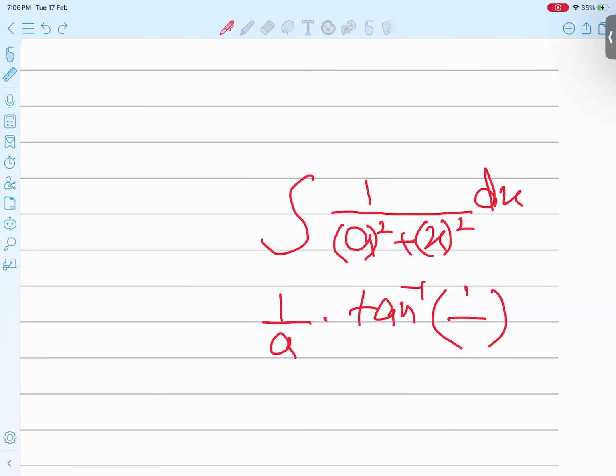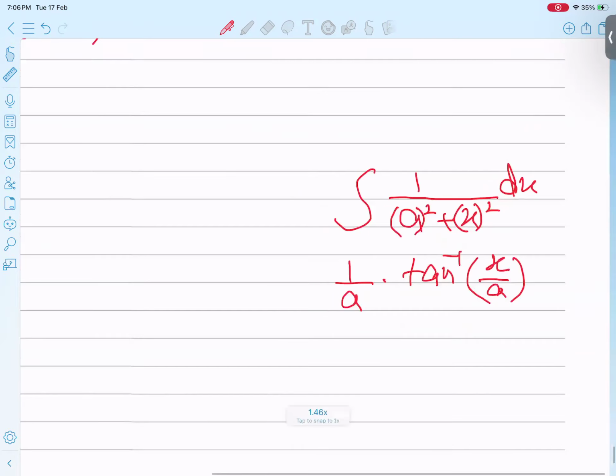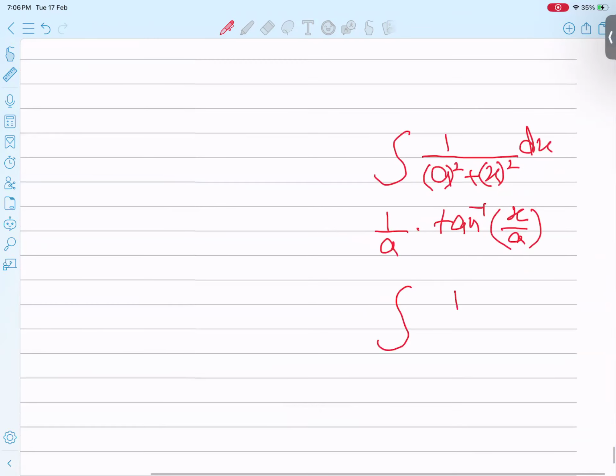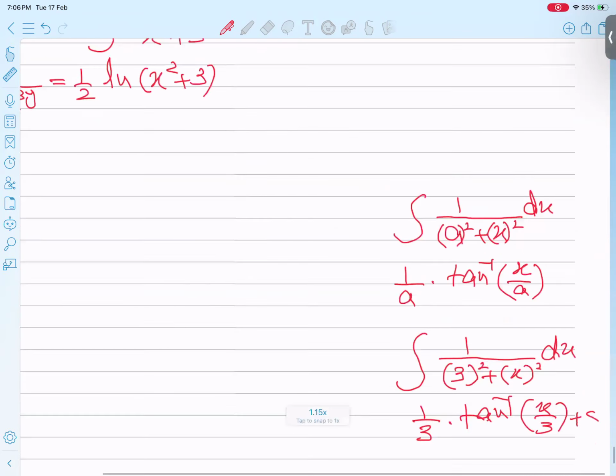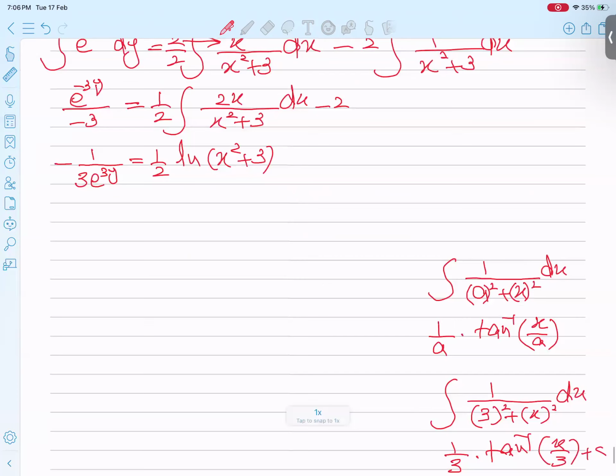So basically this is the formula. If you want to see one example, if I have 3 squared plus x squared, I can apply 1 over the constant, this 3 comes from here, and tan inverse with x up and 3 down. I believe all of you understand well how I have done the integration. So go back and see, can I apply this rule here?